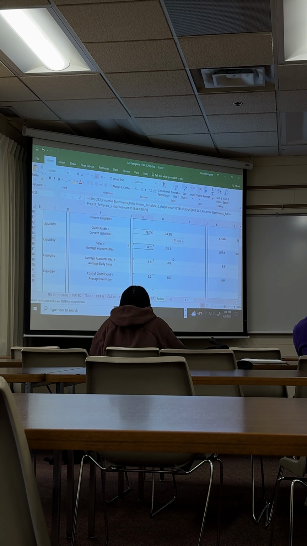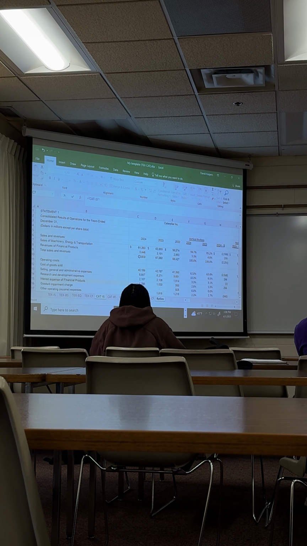Well, since I just have one number in my numerator, I can just click equals, go to the income statement for Caterpillar, and click total sales. Okay? Divided by, now I have to be careful, because in my denominator, I want to calculate average accounts receivable.